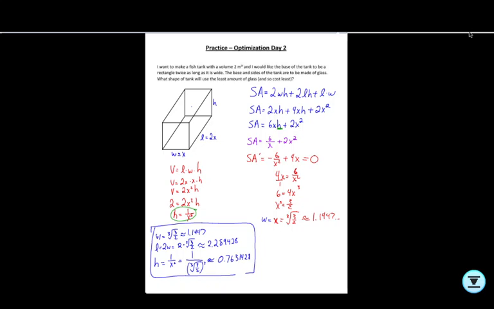Now I always have my students tell me how difficult calculus is, but I just want to point out something to you. This entire optimization problem, all of it that we did, the only calculus in this entire problem is right here. When we took the derivative, that was the only calculus.